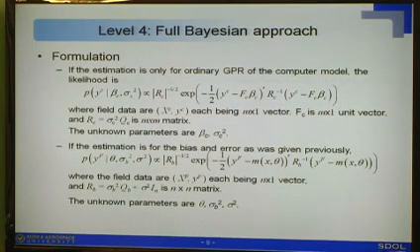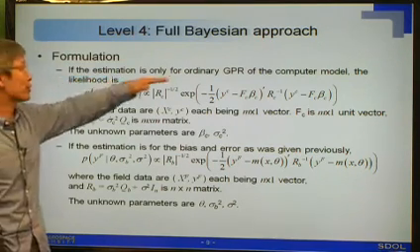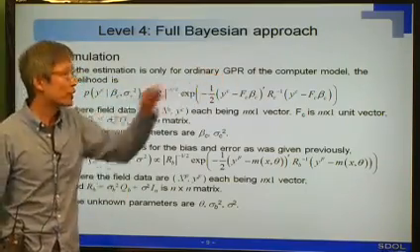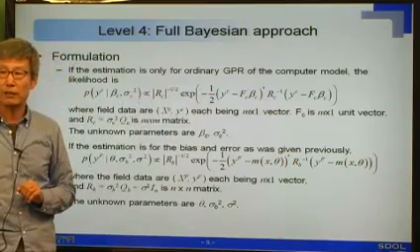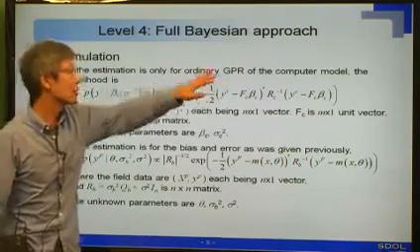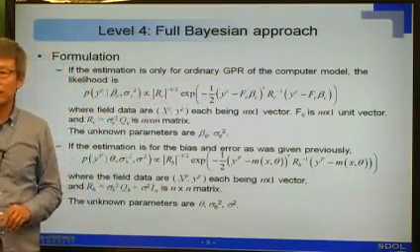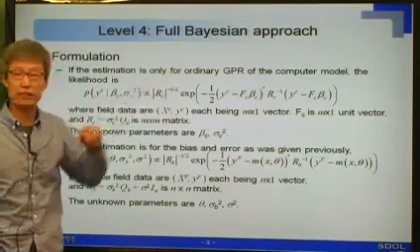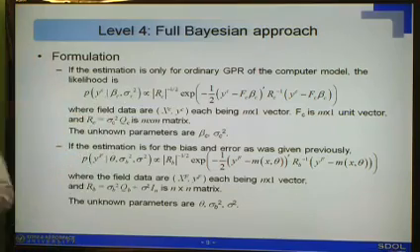The final one is the full Bayesian. Up to now, we ignored the uncertainty existing within this surrogate model. We just thought of this as a deterministic function, but really there exists uncertainty around that.